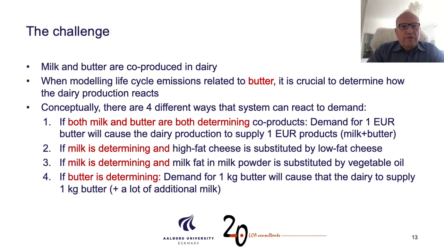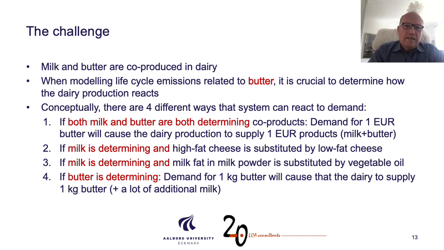Conceptually, there are 4 different ways that the system can react to a demand. If we assume that both the milk and butter are determining co-products, then the demand for €1 of butter will cause the dairy production to supply €1 of the determining products, milk and butter.